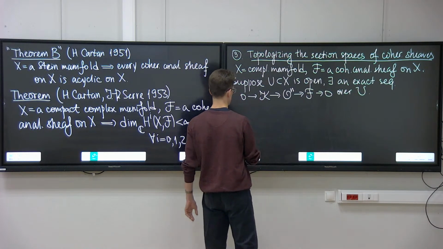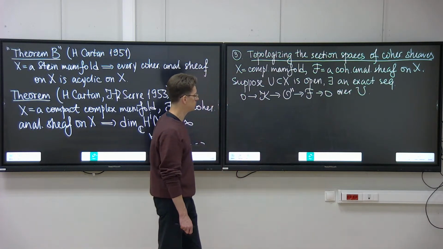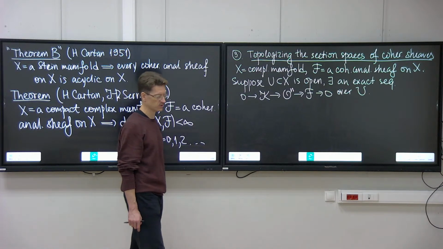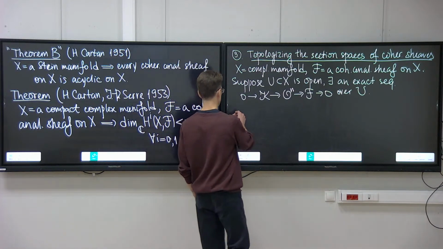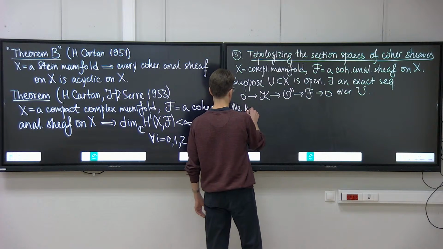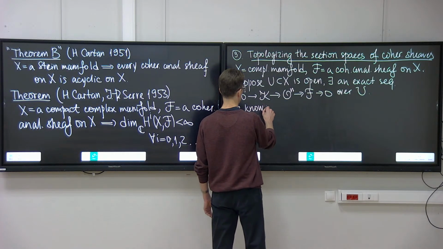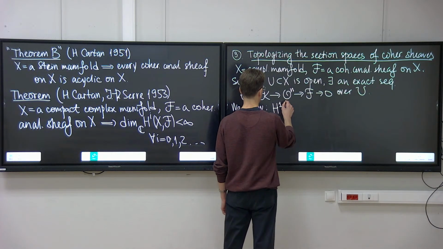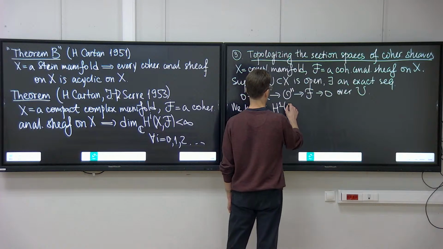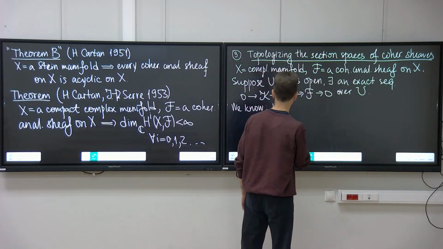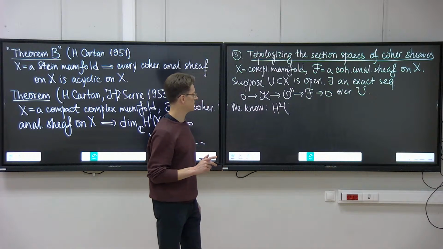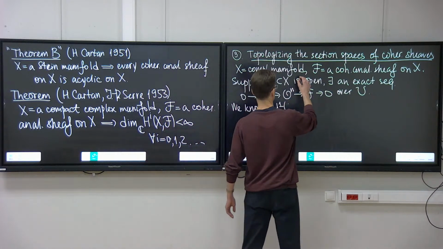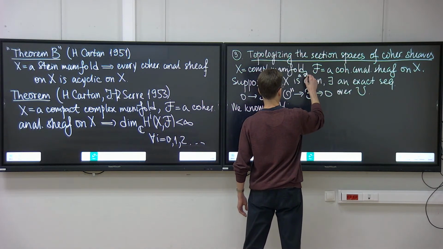so we know now that this exact sequence induces a long exact sequence of cohomology spaces, but we know that K is coherent. So H1, the first cohomology group. I must also assume that U is a Stein open set.